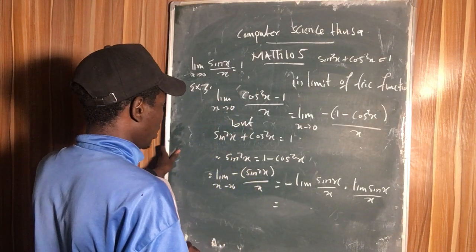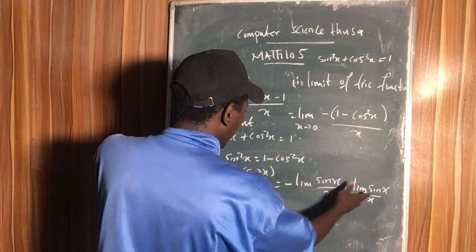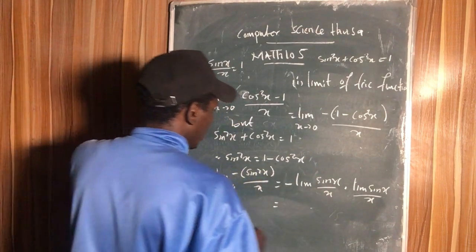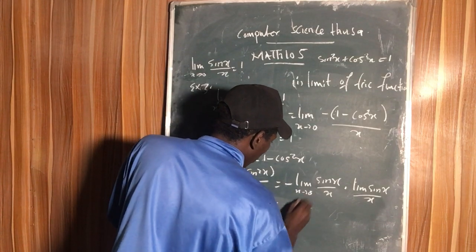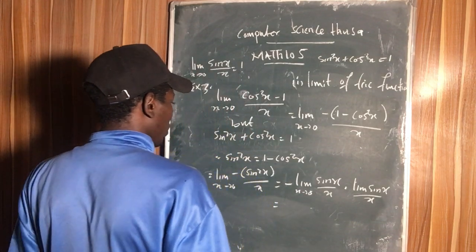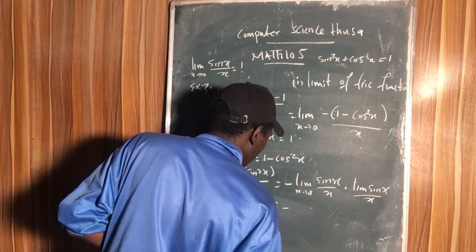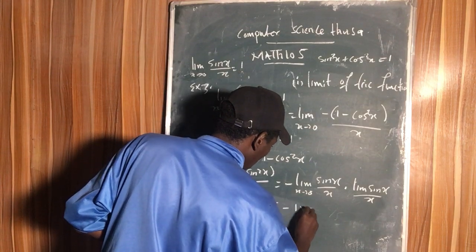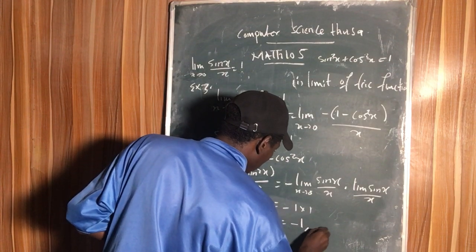Now, are we right? Yes, we are on our way. So this one is 1, and this one is 1. So 1 times 1 is nothing but 1, as x tends to 0. So minus 1 times 1 is equal to minus 1.